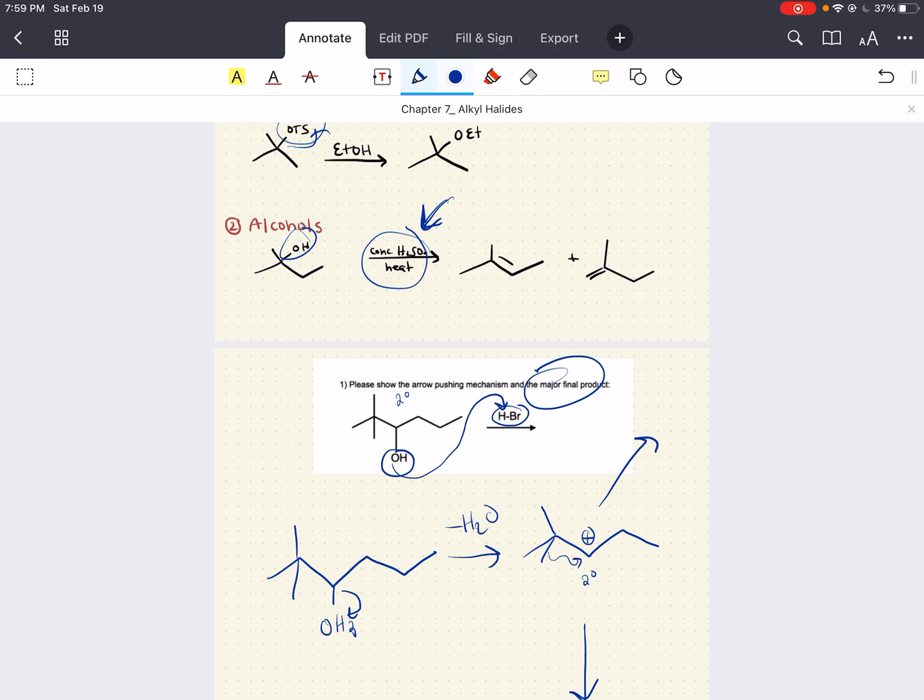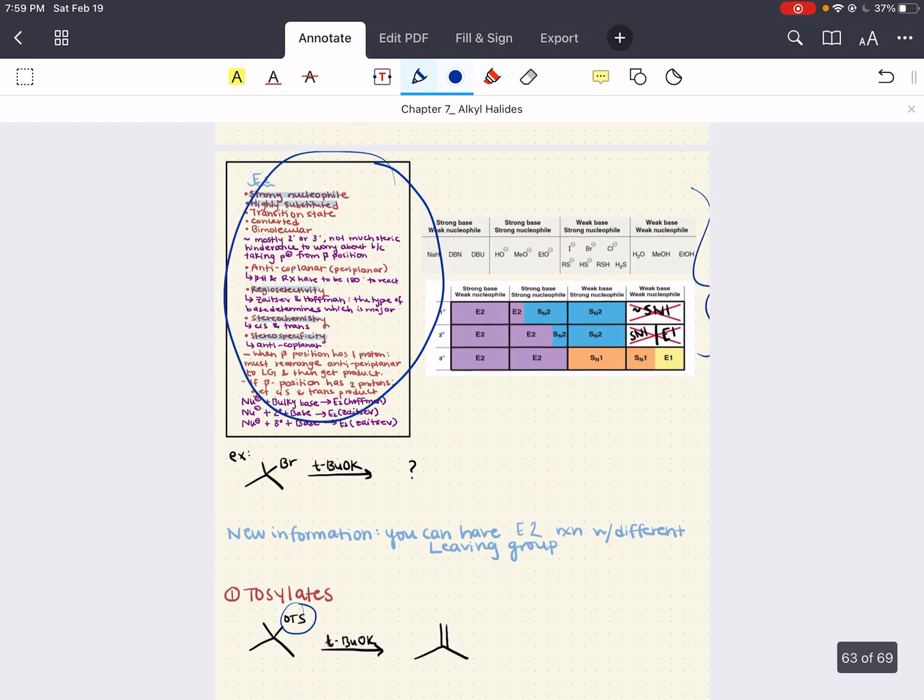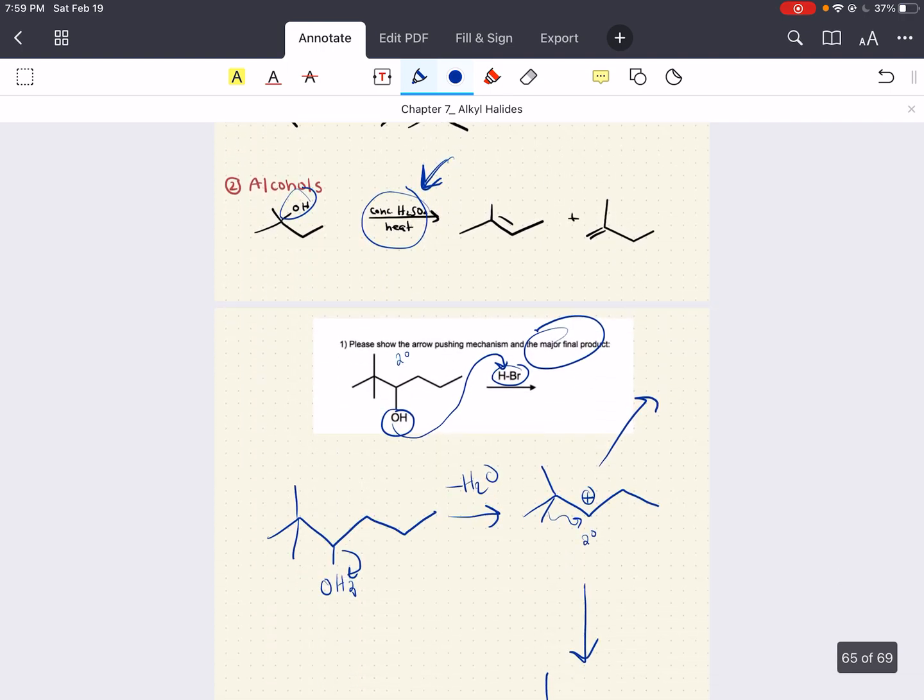Now, I want to make a few notes here that might have been confusing when we were covering how to deal with different groups. If you see bromic acid or chloric acid, these nucleophiles are good indicators of substitution reactions, especially when alcohols are present.